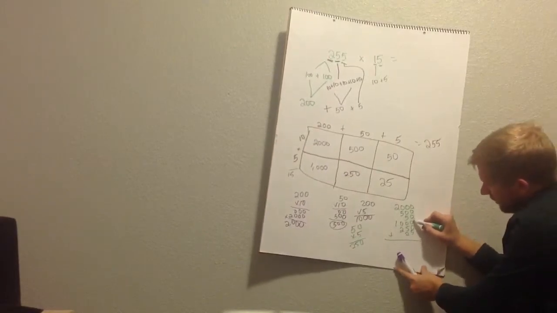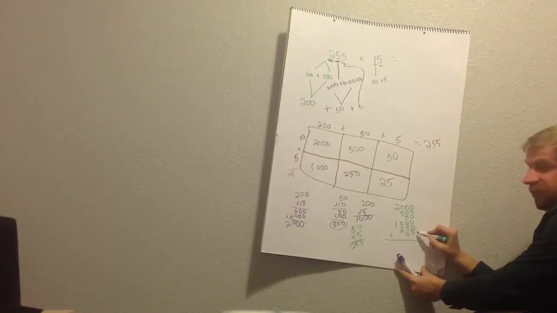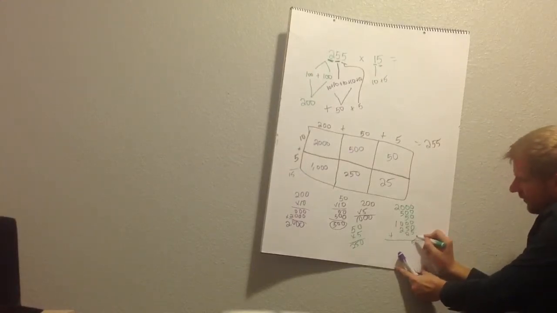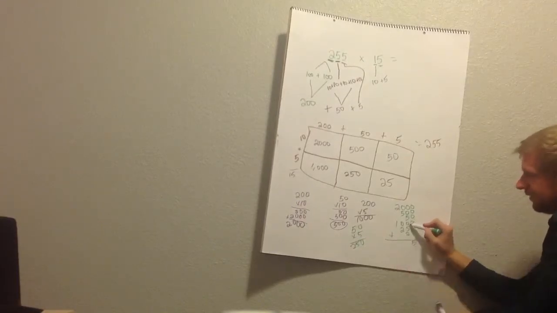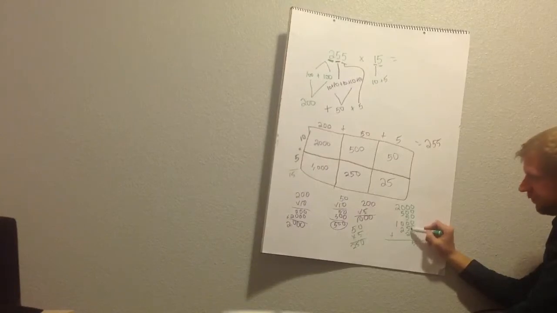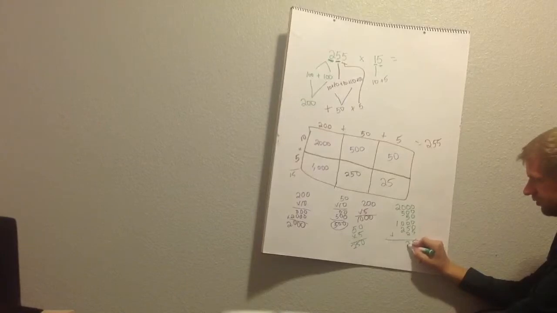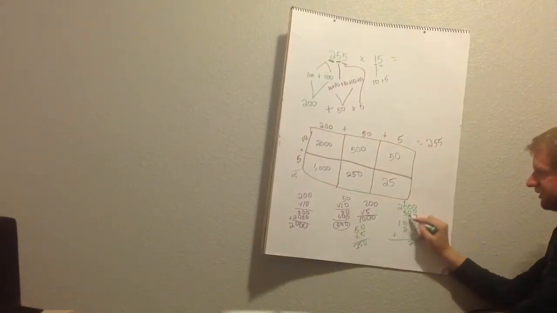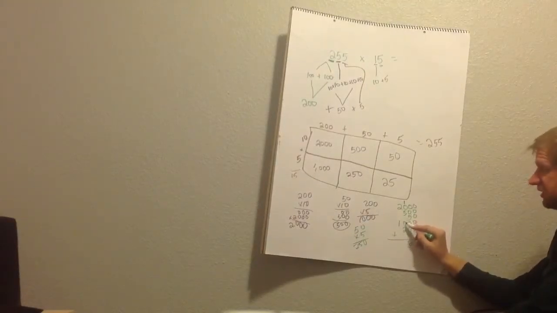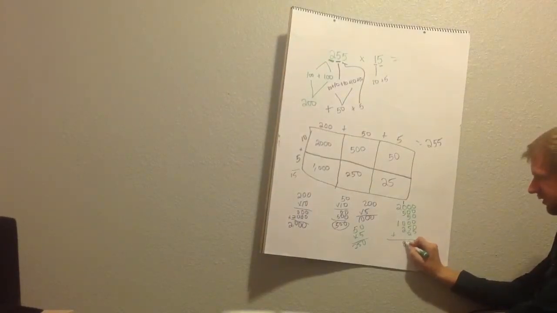So 0 plus 0 is 0, plus 0 is 0, plus 0 is 0, plus 0 is 0, plus 5 is 5. Then 0 plus 0 is 0, plus 5 is 5. 5 plus 0 is 0, plus 5, ooh, so 5 plus 5 is 10, plus 2 is 12. So put the 2, carry the 1. 1 plus 0 is 1, plus 5 is 6, plus nothing is still 6, plus 0 is 6 still, so 6 plus 0 is 6. 6 plus 2 is 8, so put the 8 down.